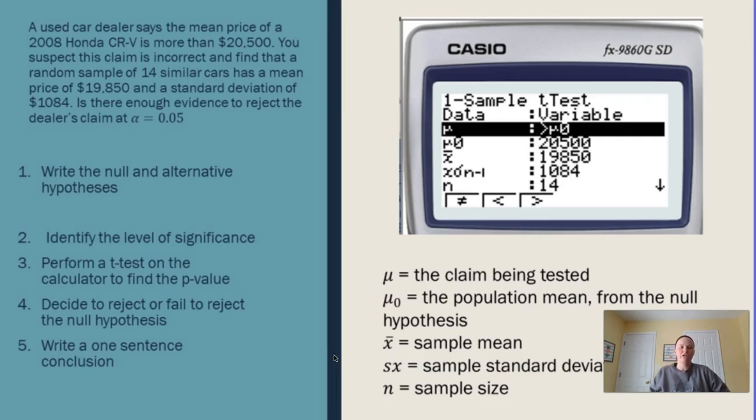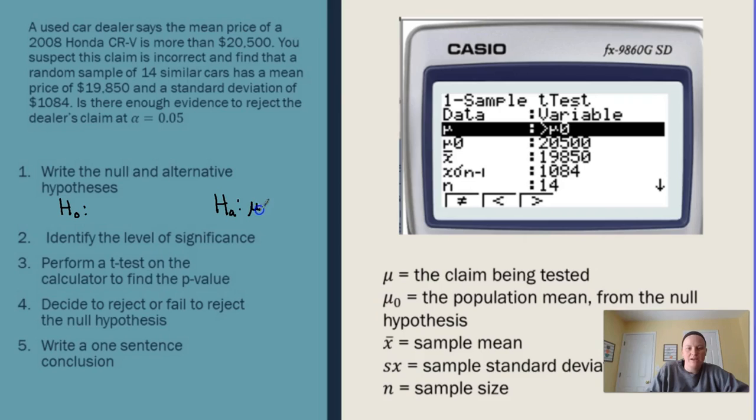Okay, so first thing we need to do is write the null and alternative hypotheses. I have my null hypothesis and then my alternative hypothesis. Usually, not always, but usually the alternative hypothesis has the claim. He says more than 20,500.